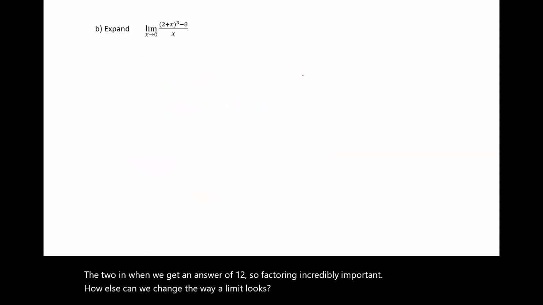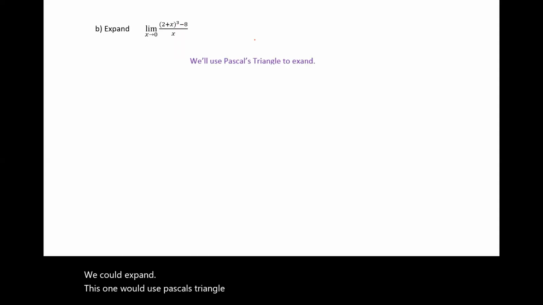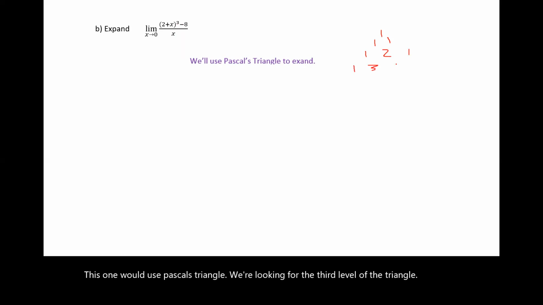We could expand. This one, we'd use Pascal's triangle. We're looking for the third level of the triangle. And when I call that the third level, this is the expansion to the power 0, 1, 2, 3.